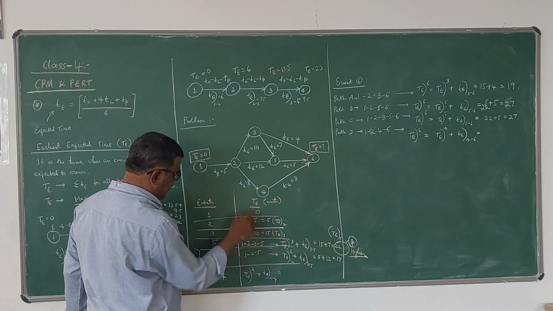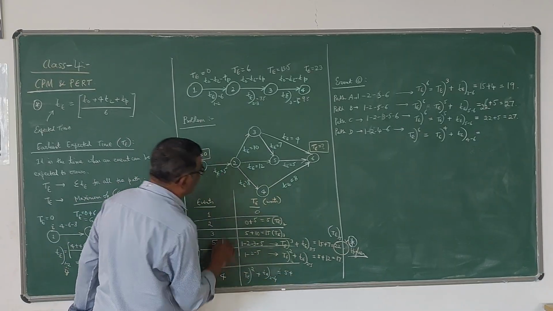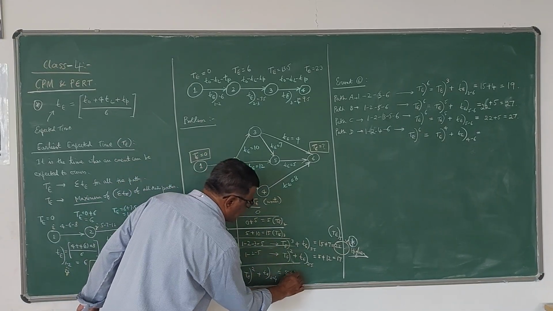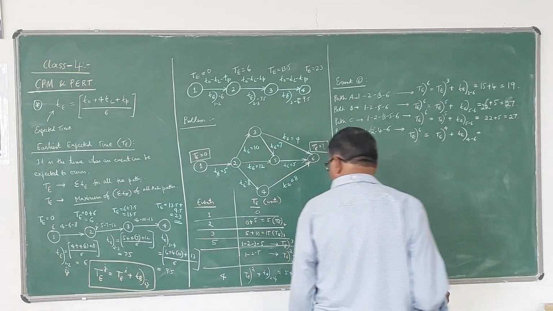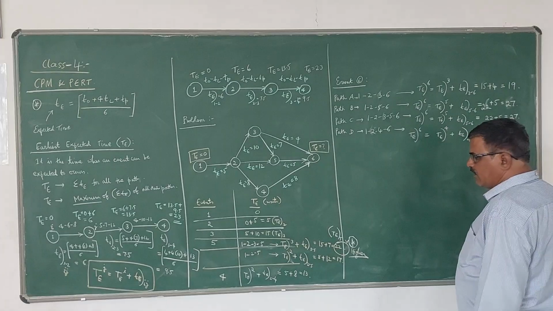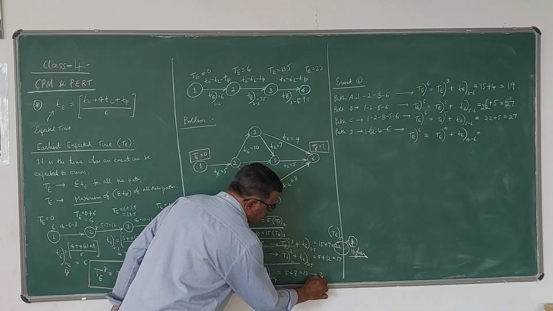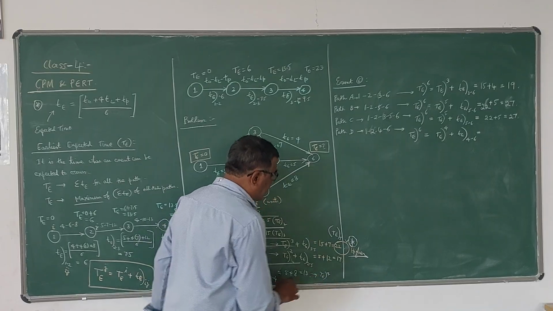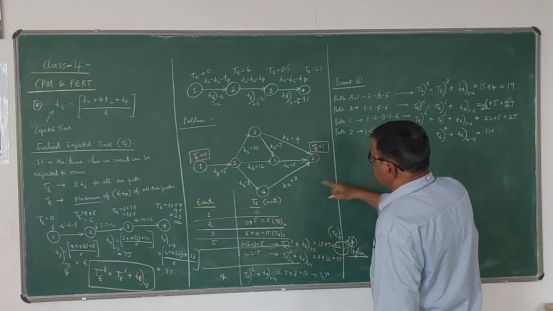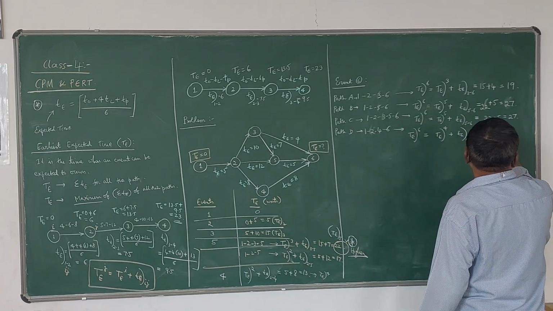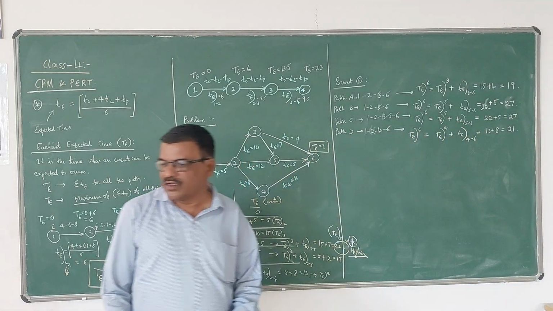T of 2 is 5, and for this activity it is 8. So 5 plus 8 is 13. This value is your TE of 4. So TE of 4 is 13 plus t of activity 4, 6, which is 8. That is 21.